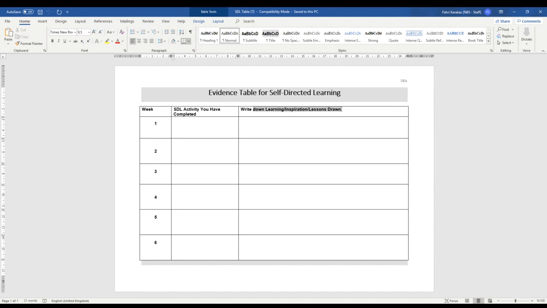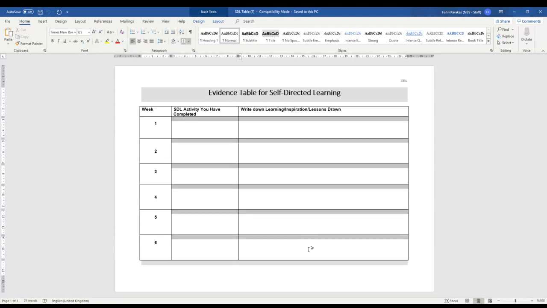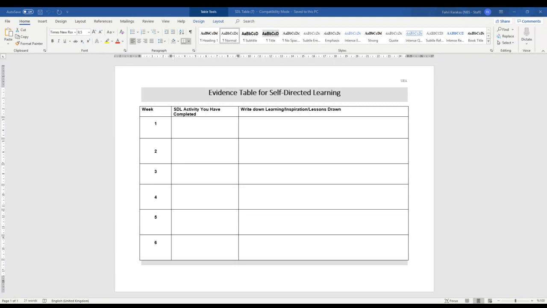And then what is your learning, inspiration, lessons? You can summarize this as a paragraph or bullet points. You can also use quick bullet points, make a list of things as you wish. So you'll find just 6 activities, okay? 6 different things.